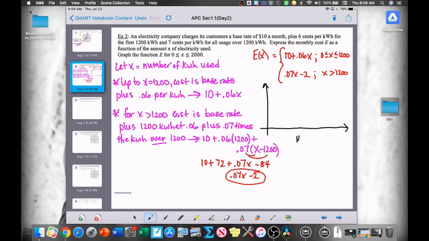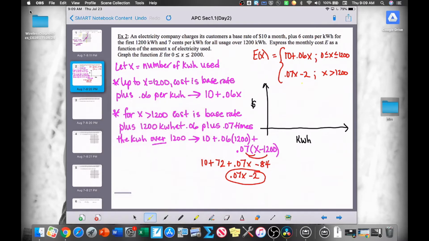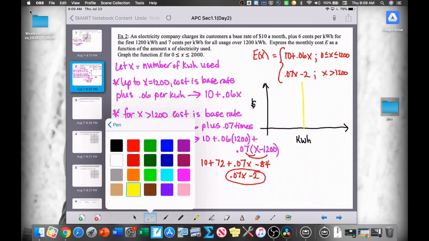And we know that our x values are in kilowatt hours, and we know that our y values are going to be our cost in dollars. And we know that that kind of yellow line that we talk about, the highlighted line where our domain changes, so I'm just going to draw it like right there. Okay, that is happening at 1,200 kilowatt hours.